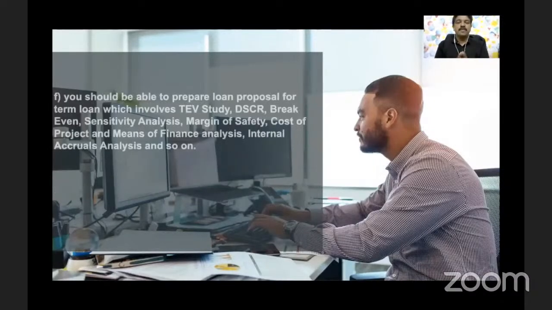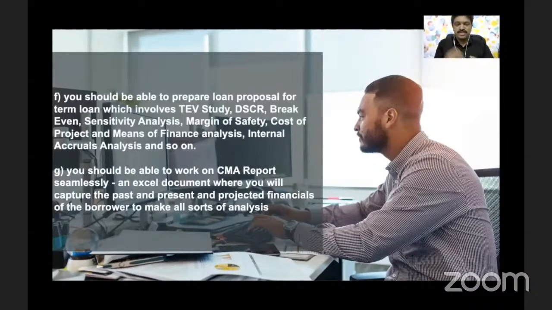Next, you should be able to put up a comprehensive loan proposal if a borrower comes for a term loan for putting up a project, because this requires a viability study. You have to look into their repayment capacity, DSCR, FIRR, break even, sensitivity, and so on. Next, you should be able to work seamlessly on the CMA report, the basic Excel document which captures the past financial data as well as the current estimate and projection.